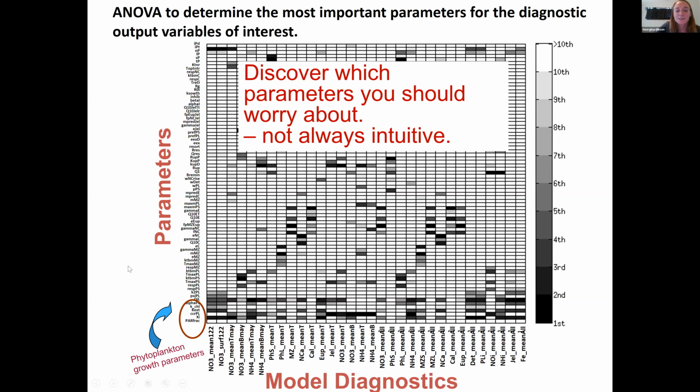It also allows us to say, hey, look, we know, for example, that in this model the phytoplankton growth parameters in particular are really important and affect model output across the board. So if anyone has data that would help me with those parameters, that's where I would spend my time and effort.